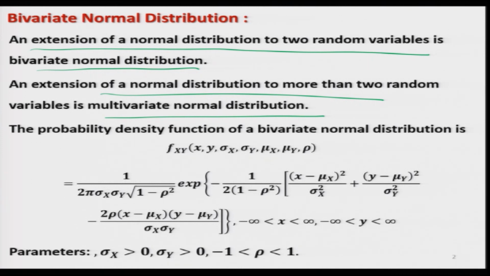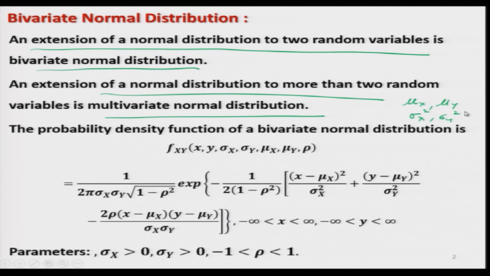If I have two random variables x and y, then they will have their means, mean of x, mean of y, variance of x sigma x square, variance of y sigma y square.